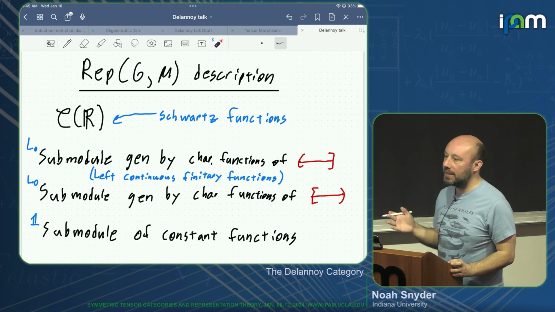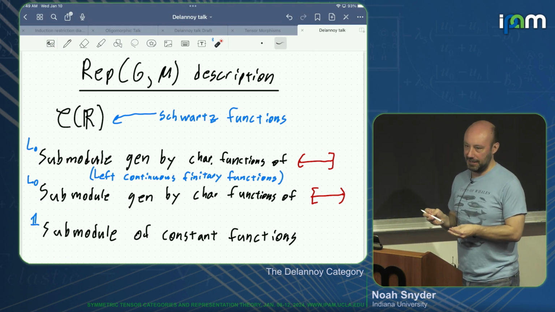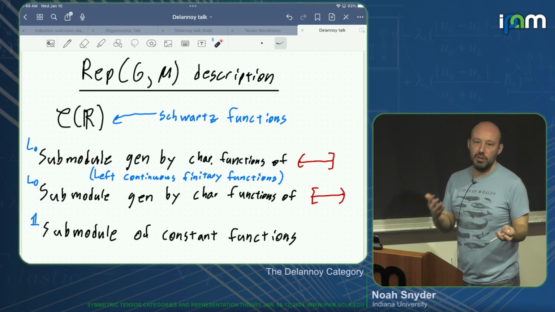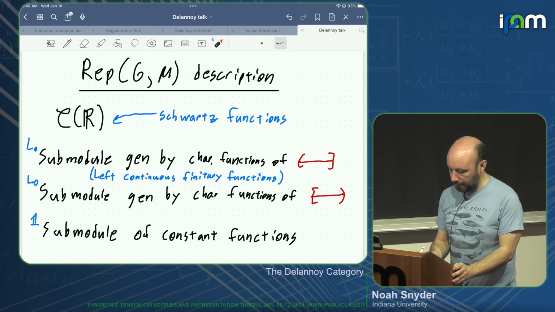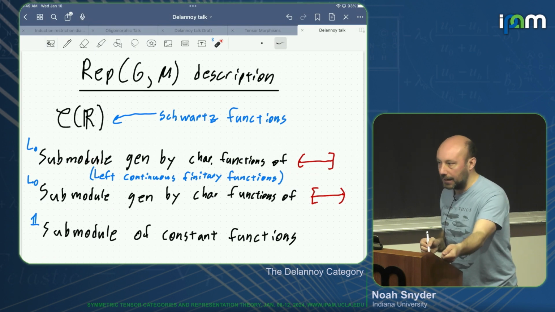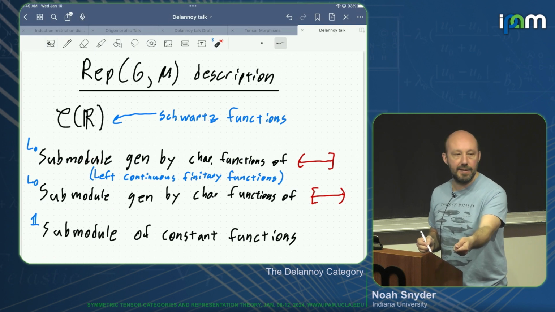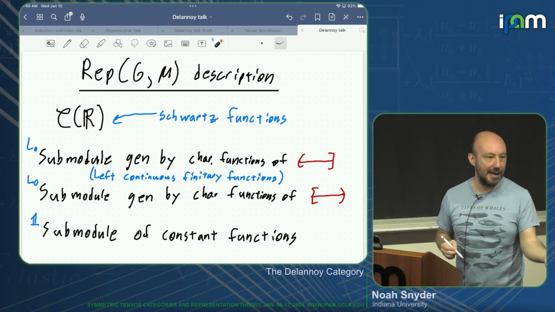At some point I had a slide that did this, and I decided I had already had too many calculations in this. But you should go and calculate that if I look at the function on R which is the characteristic function of some right-closed half-open interval, and I act on it by the projections from the previous slide, one of them should act by the identity and the other two should act by 0.